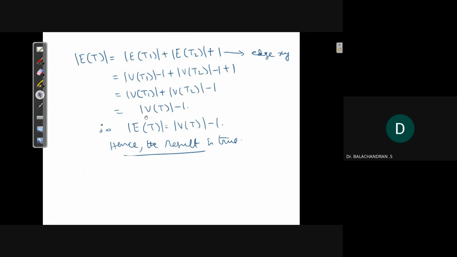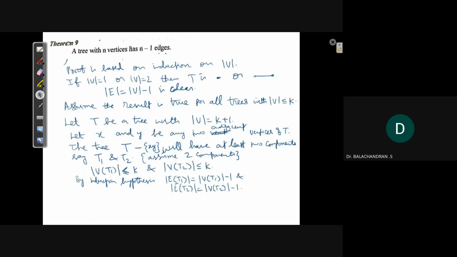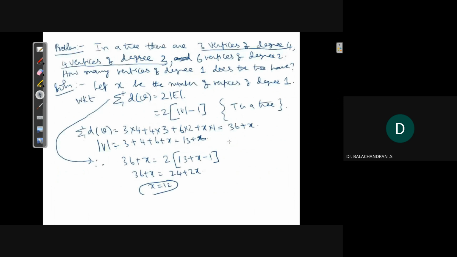Hence the number of edges in T is the number of vertices minus 1. With n vertices, that is n minus 1. That is what we wanted to prove: a tree with n vertices has n minus 1 edges.